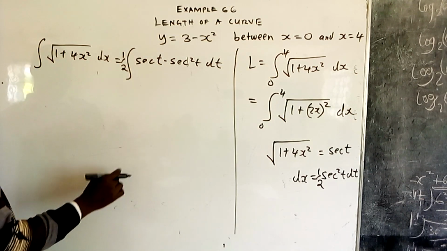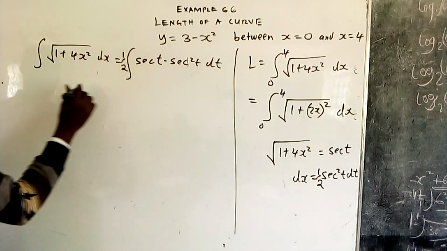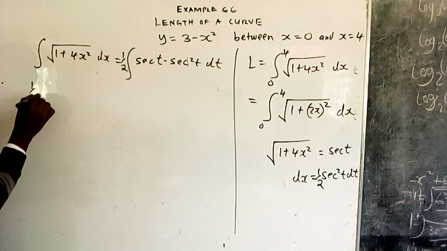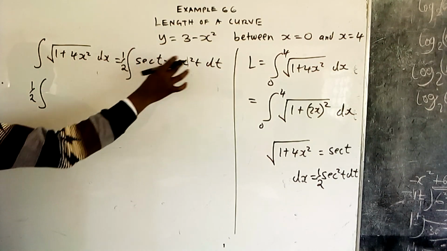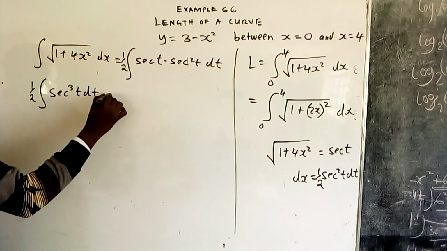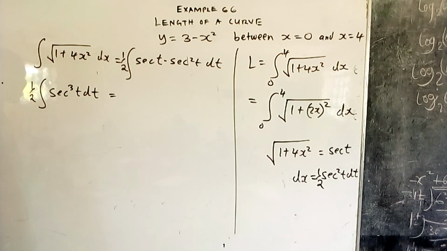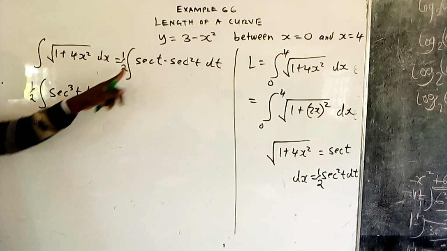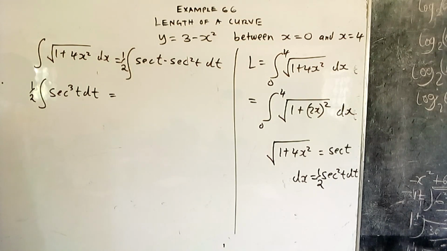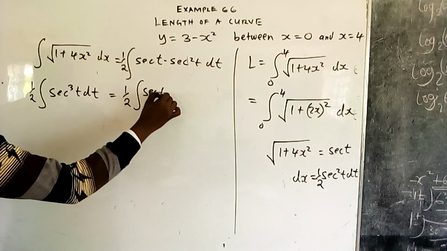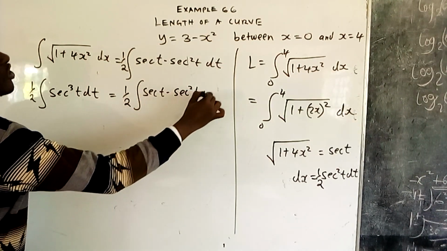So here, this is the same as saying a half integral of sec t times sec squared t, which is sec cubed t dt, isn't it? Are we together? So how are we integrating sec cubed t dt? We were separating it the way it is separated there. Meaning a half sec cubed t dt is a half sec t sec squared t dt.